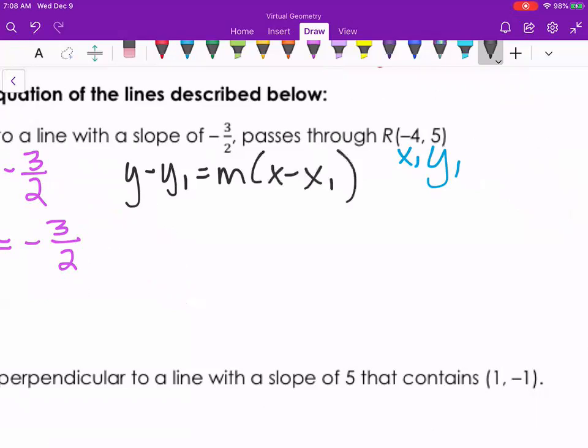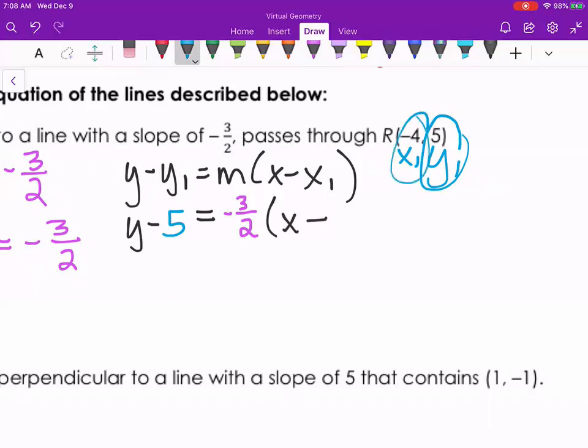Let's plug in our numbers. So y minus y1, which is 5, equals, my m is the -3/2, times x minus x1, which is -4.